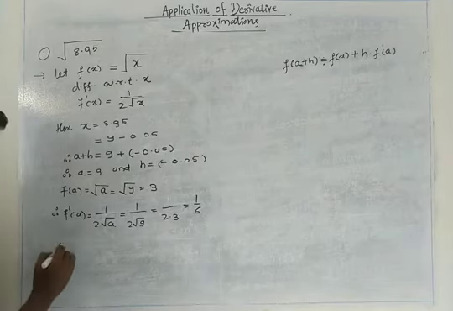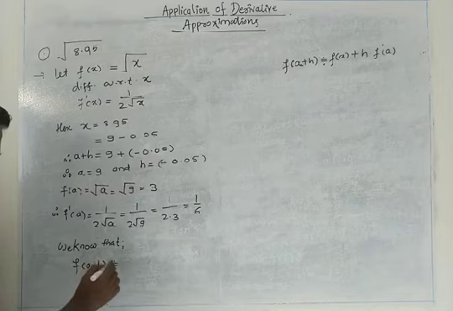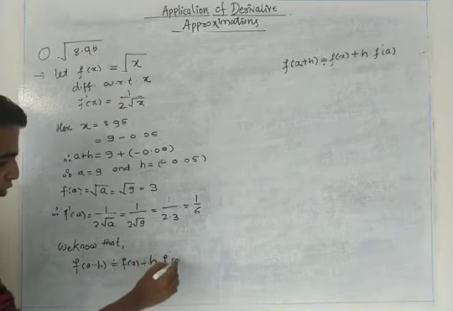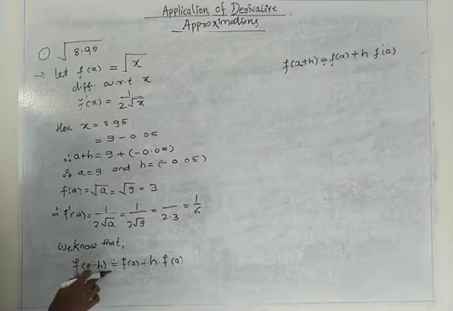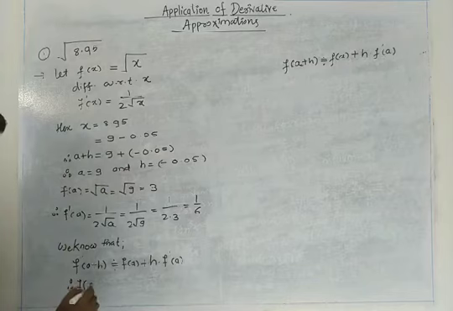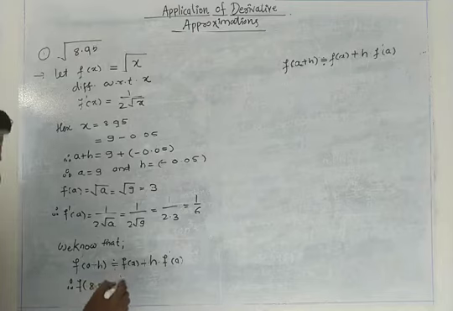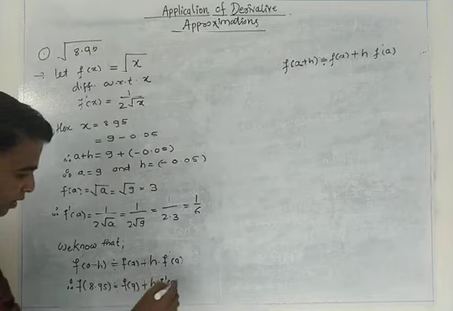Now we will write the formula. We know that f of a plus h is approximately equal to f of a plus h into f dash of a. Therefore a plus h means the value of x, which is 8.95, approximately equal to f of 9 plus h into f dash of 9.